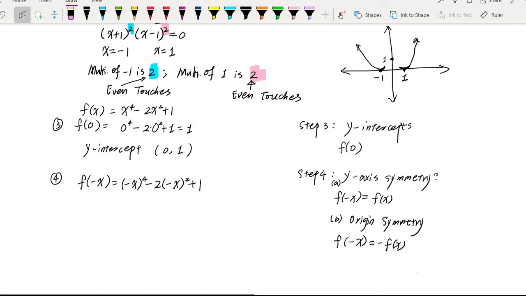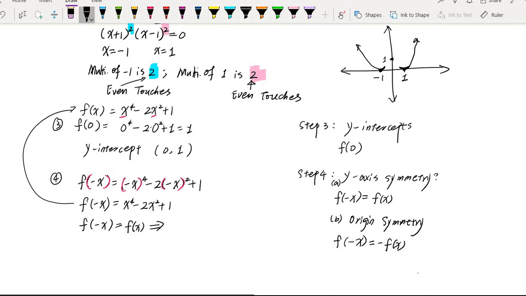Because negative x to an even power is positive, we have x to the fourth power minus 2x squared plus 1. That is our f of negative x. Now I compare this to my f of x, and I realize they're exactly the same. Because f of negative x equals f of x, this is y-axis symmetry.